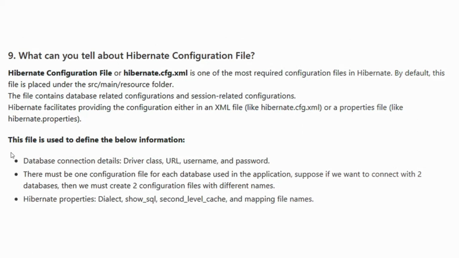This file is used to define the below information. Database configuration details like driver class, URL, username and password. There must be one configuration file for each database used in the application. Suppose you want to connect with two databases, then you must create two configuration files with different names.